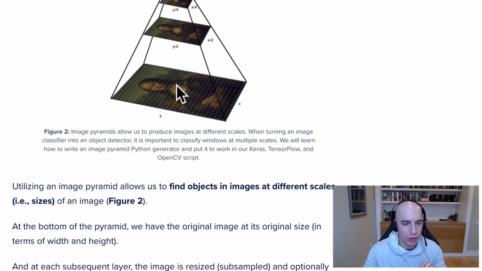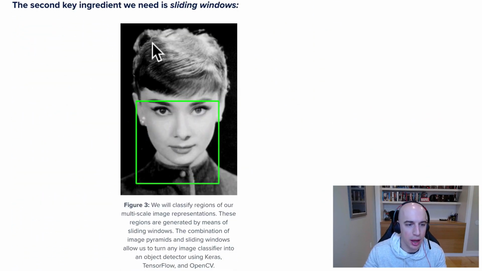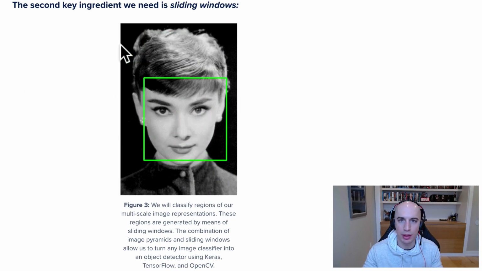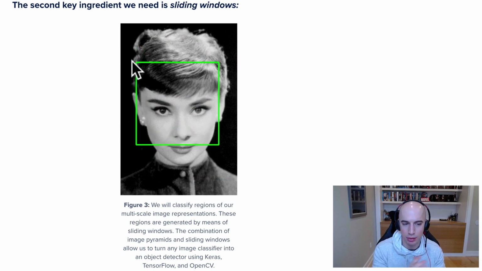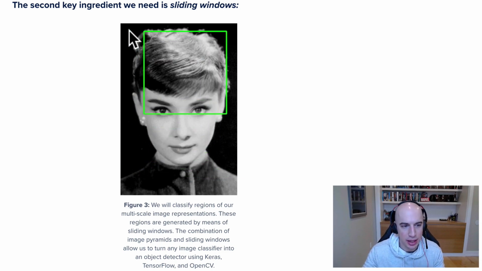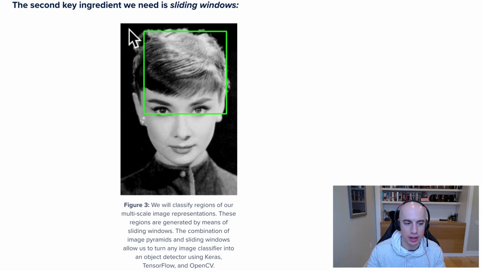And we can continue to do the same thing for each layer of our image pyramid. So once we've constructed all the layers of the pyramid, what we're now going to do is apply this technique called a sliding window. A sliding window has a fixed width and a height, and as this image shows you, this fixed width and height rectangle is sliding left to right and top to bottom. And at each stop of the sliding window, it's going to extract that ROI and pass it into a model for classification.